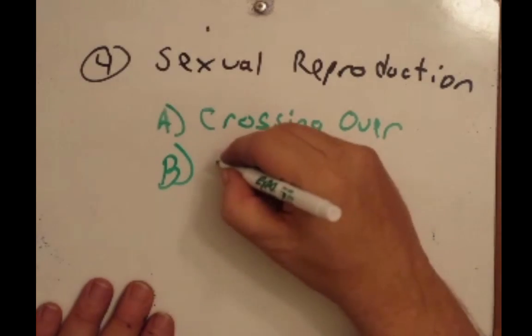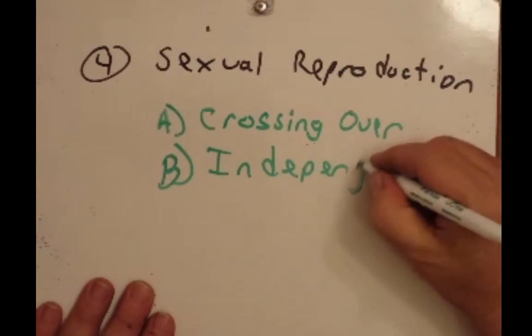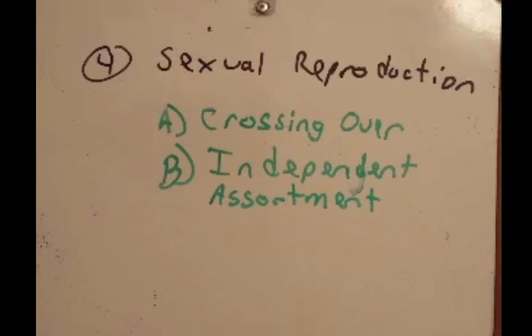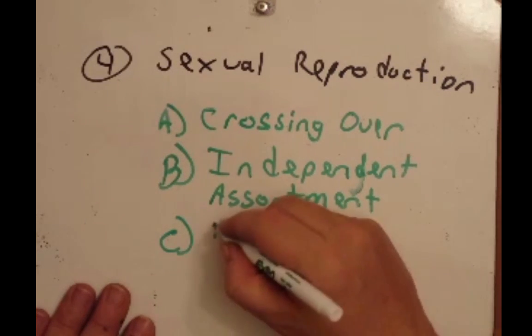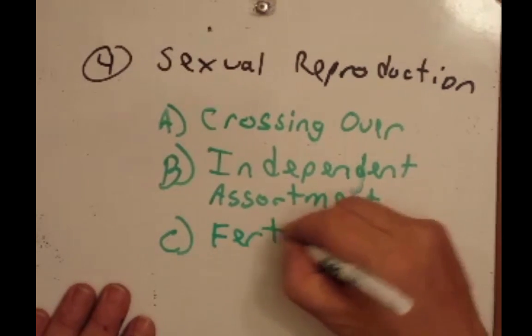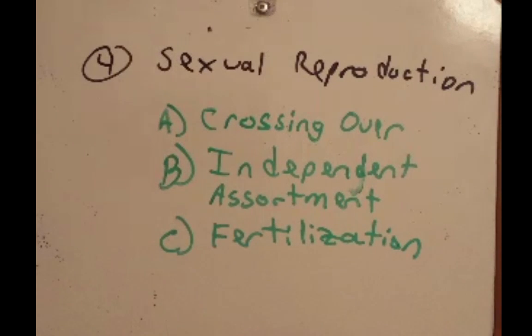The next way is independent assortment. And remember, this has to do with the way the chromosomes line up during metaphase 1. And then finally, fertilization, random fertilization. All 3 of these, which we have already learned about, increase genetic variation within a population.